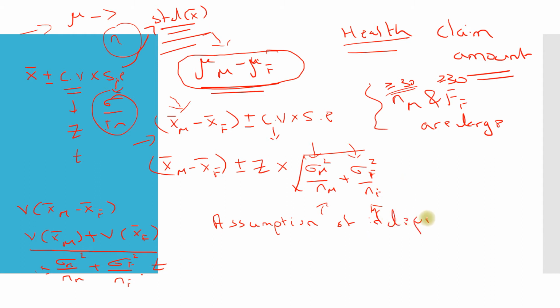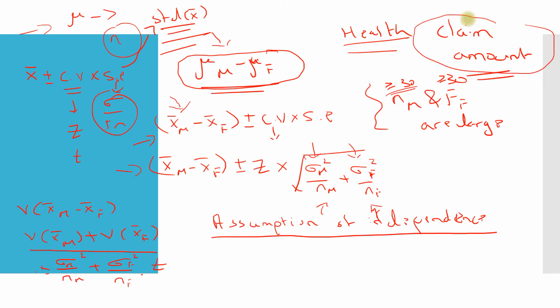Don't forget that, otherwise what you are doing is going to be wrong. The assumption of independence is essential to apply this confidence interval. Here, if we are talking about claim amount, we would assume that the claim amount for male and female are independent.